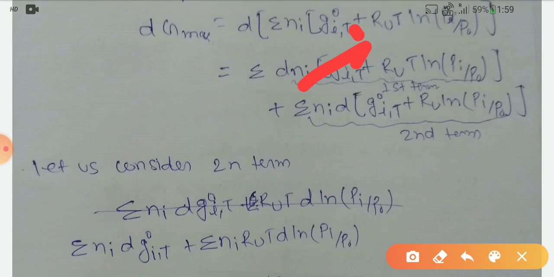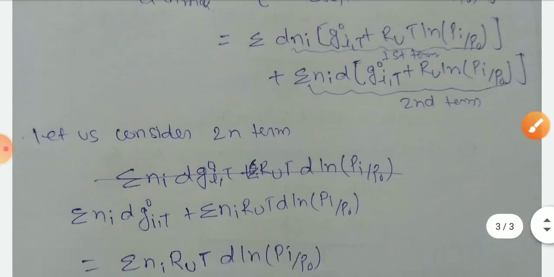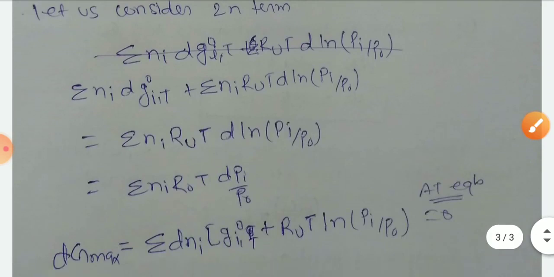So you can write the summation of Ni dG naught i(T) plus the summation of Ni Ru T times the differentiation of ln Pi by P naught. Finally, the summation of Ni Ru T times the differentiation of ln Pi by P naught equals the summation of Ni Ru T dPi by Pi by P naught.